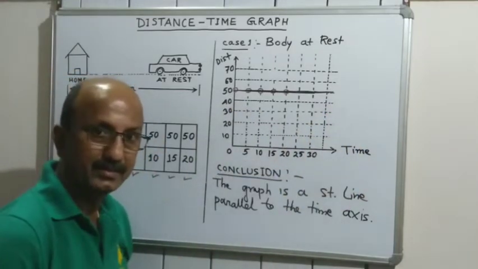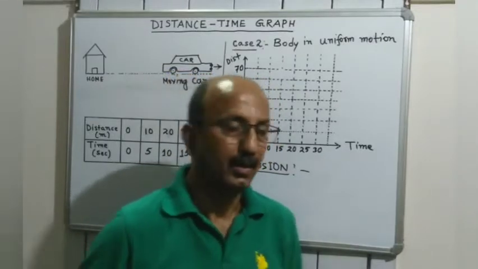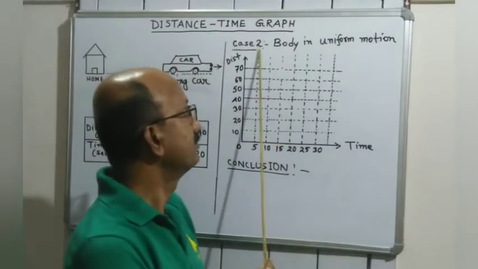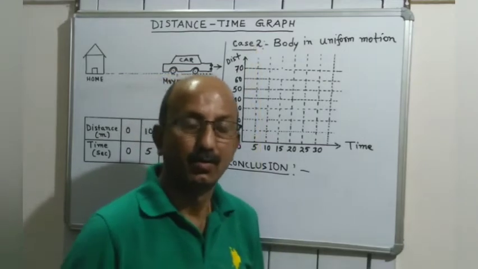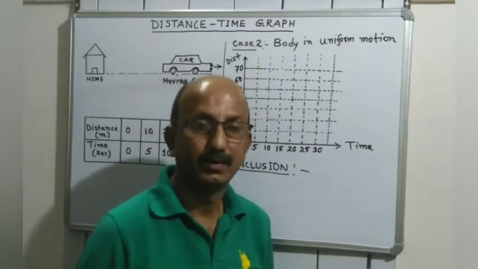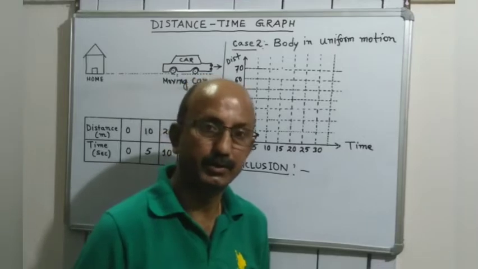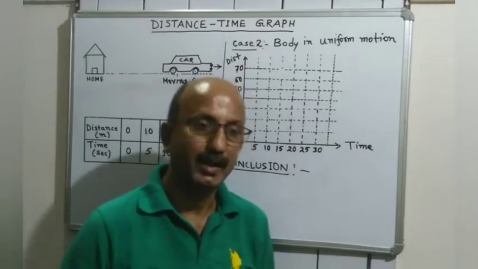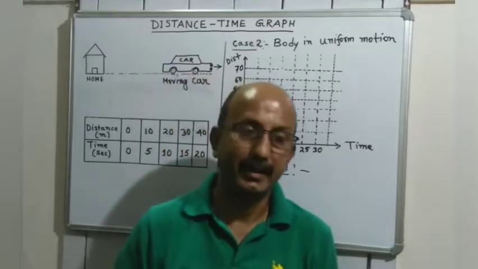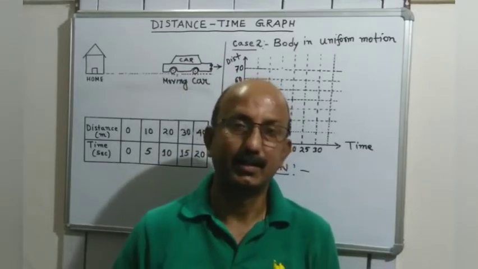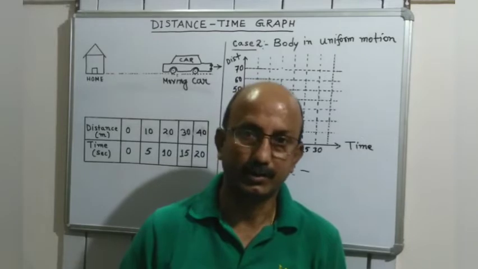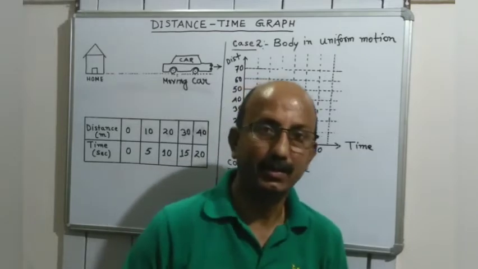Now let us take another case, case 2, where we shall learn what the shape of the graph is if a body is in uniform motion. We all know that if a body covers equal distance in equal intervals of time, then the body is said to be in uniform motion. We have taken one example.